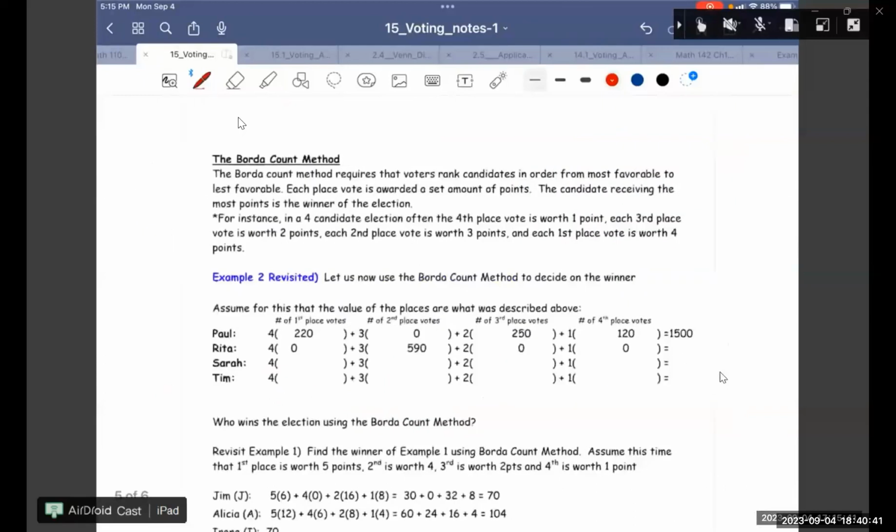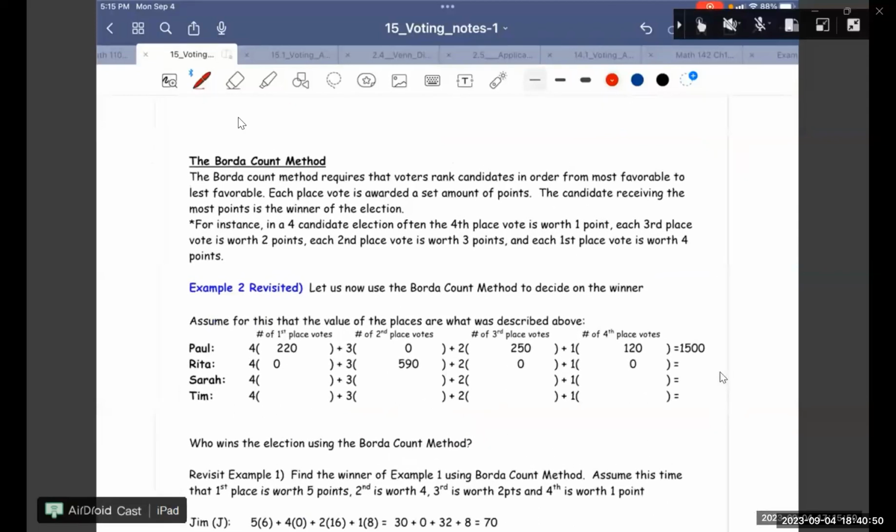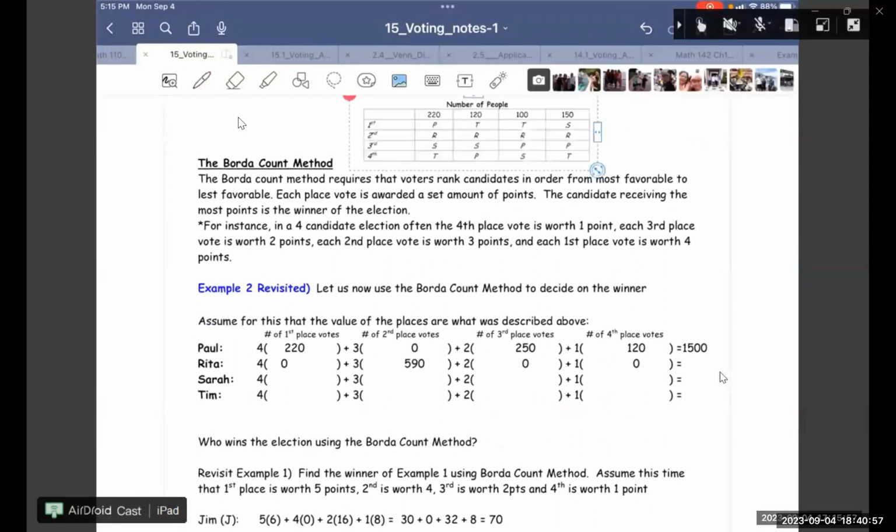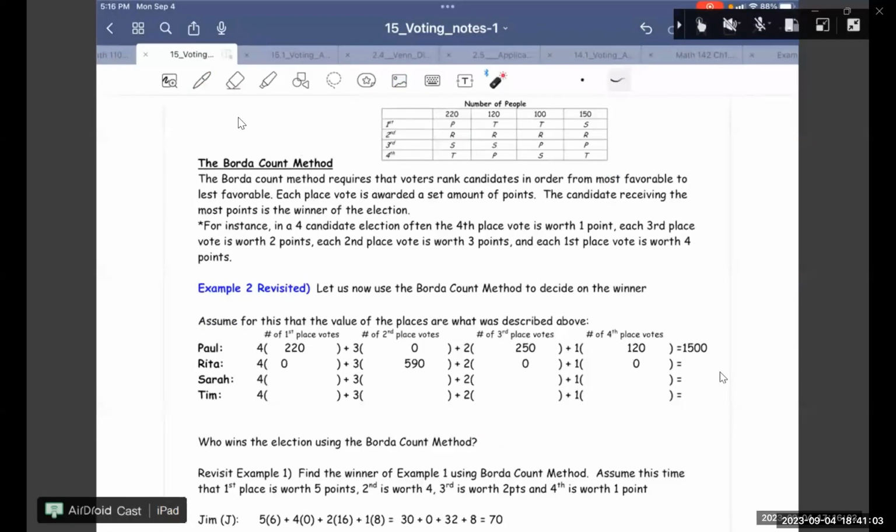And right now we can learn a different method, the Borda count method. Let me copy that one again for the second. A Borda count method requires that the voters rank candidates in order from the most favorable to the least favorable.